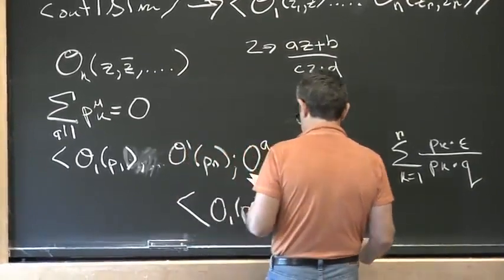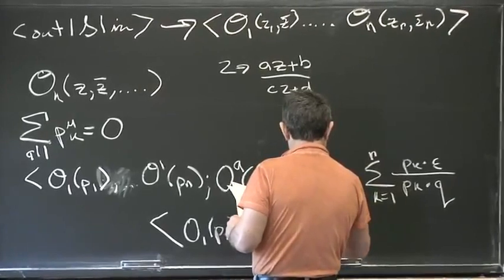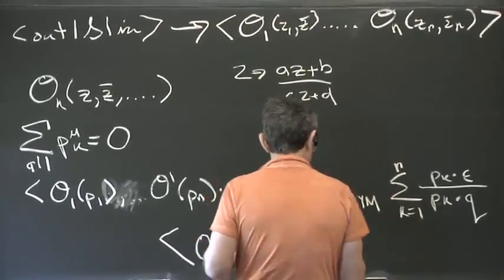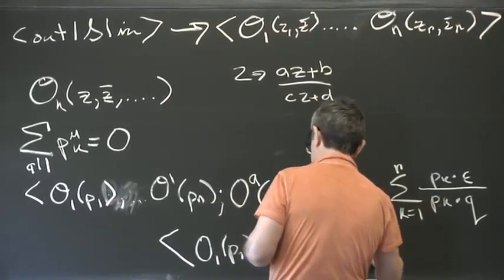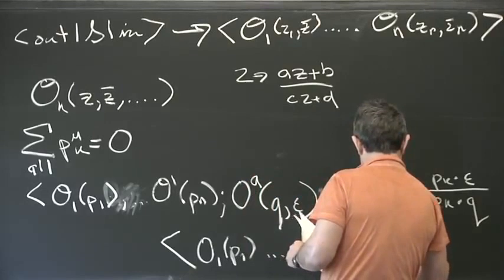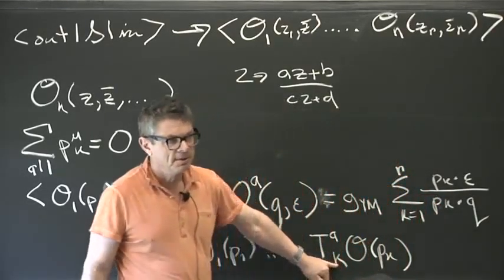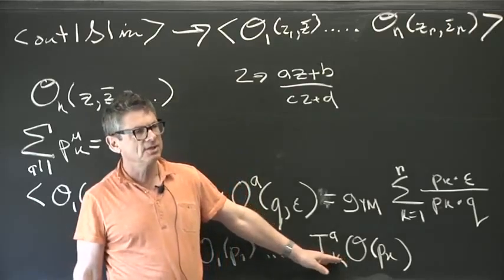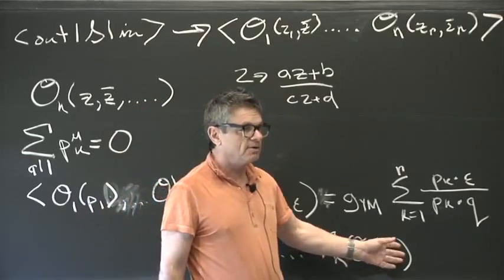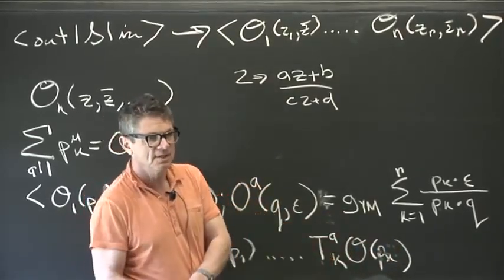And then when we get to the kth particle, we take the operator and act on it with the generator of the gauge group in the kth representation. So if this were a quark in the fundamental representation, this would be the generator in the fundamental representation.